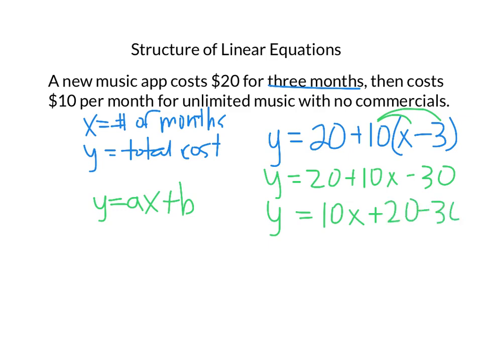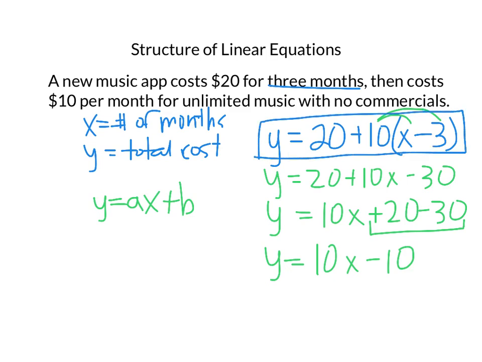And then when I combine these like terms, I get y equals 10x minus 10, which is a correct equation, even though it doesn't make as much sense because we really can't see how it relates to the original one. So again, our equation that we want is this one, and if they ask us to change it into y equals ax plus b, we have to distribute and combine like terms.